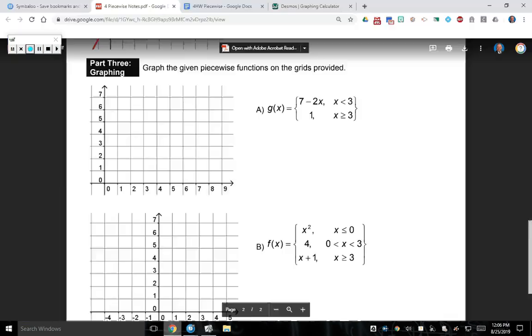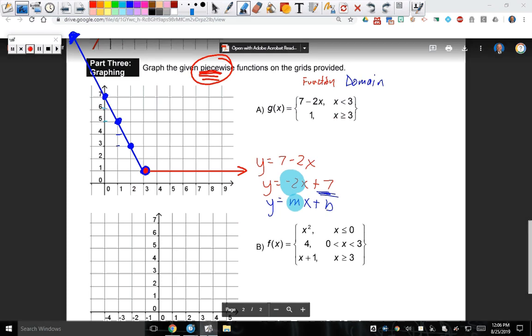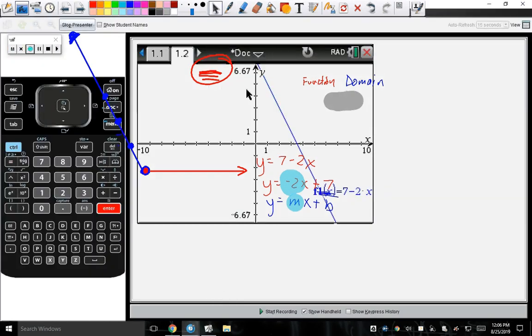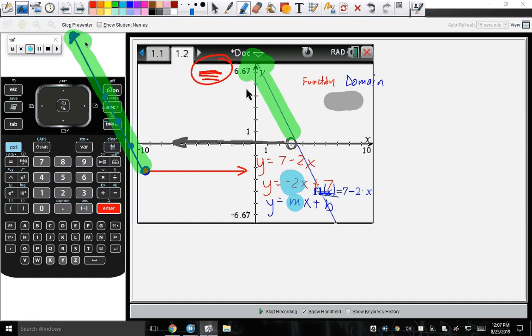So if I'm restricting it to that domain, let me highlight it, of x is less than 3, that means over here on this graph, I'm going to say where x is less than 3 is only going to exist, let me go ahead and do this in gray, from here to the left. Which is why we're only going to actually graph this piece here on the graph going to the left.